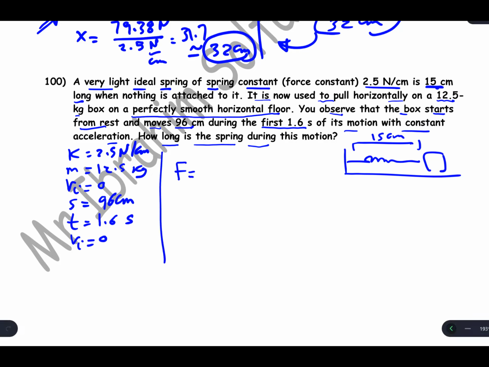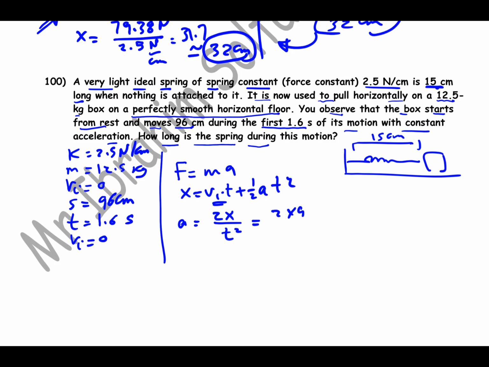He needs the spring's elongation, the extension, the stretching. So at the beginning, you need to calculate F equals ma. He doesn't give you a, so we need to calculate a, right guys? x equals v initial t plus half a t squared, this is 0, so a equals 2x over t squared, 2 times 96 centimeters.